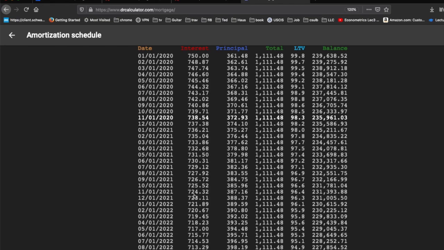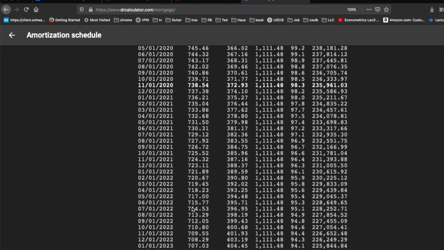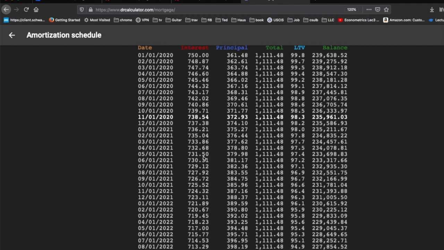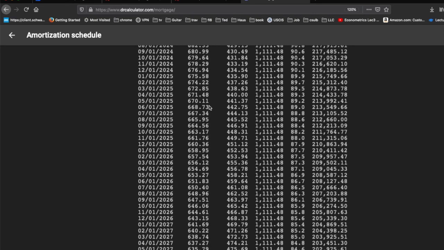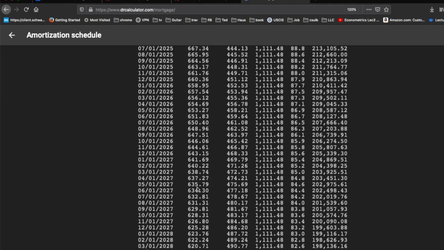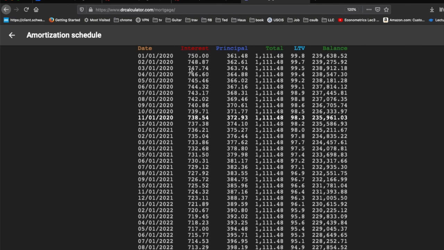After about 2 years, it's down to $720. After, let's say, 3 years, we are down to $700, pretty much $707. So let's go with $700. I think that's not bad, because after that it becomes less and less and less. But I usually go 2 years, 3 years, something like that in advance and take that value.